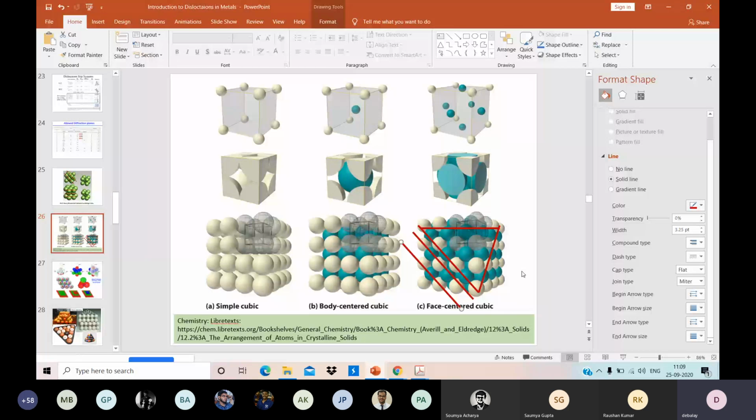Similarly, as you are seeing the way I am drawing here, on the other side, if you join the atoms, you will find the same thing. It's not just one set of 1 1 1 planes, but you can look in a different way also.